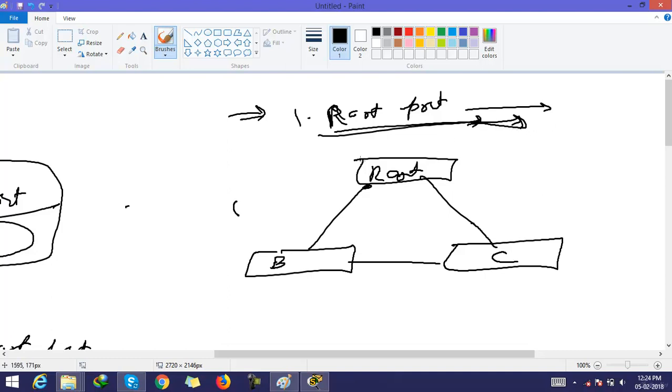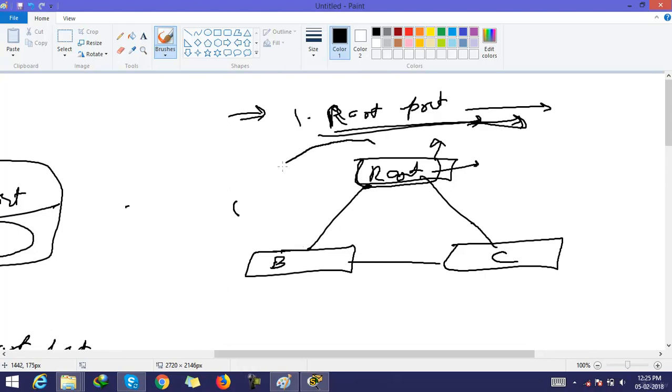It means the root bridge does not have any root port, but all other non-root bridges compulsorily have a root port to reach the root bridge.